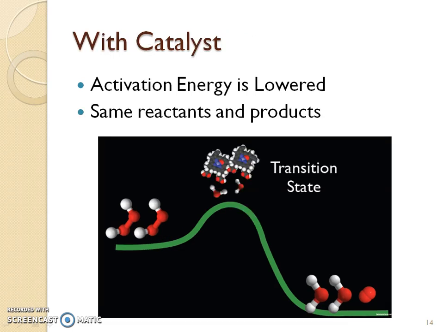And now because of this catalyst that they add, it actually lowers the energy. Okay, it lowers that activation energy, which means it's a smaller hill, which means it's a faster reaction. Notice we have the same reactants and we have those same products. So that catalyst is part of that transition state, doing something to that molecule that's kind of coming together, but it's really not part of the overall reaction.